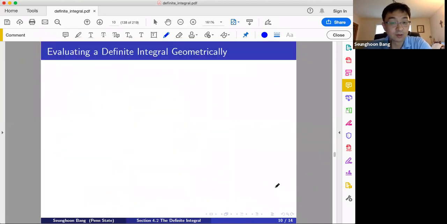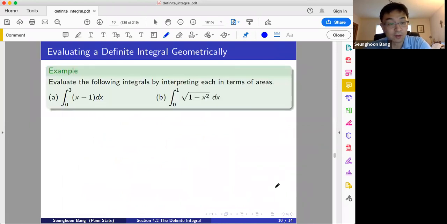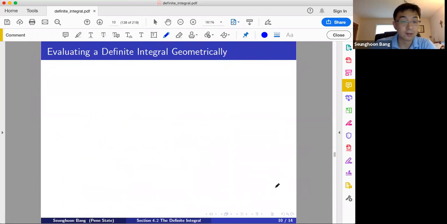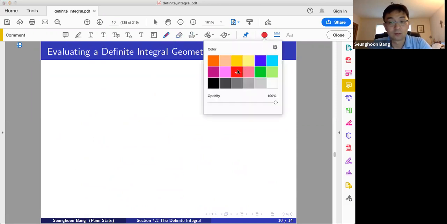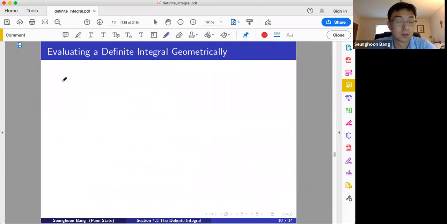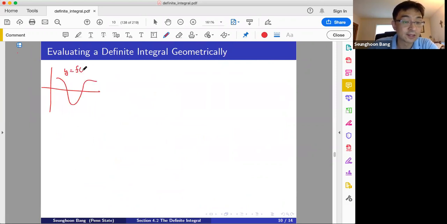The next one. Evaluating a definite integral by using the geometric method. What was the geometric method of definite integral? Let's remind ourselves together again here. So we have, like this, a graph is given. y equals f of x.